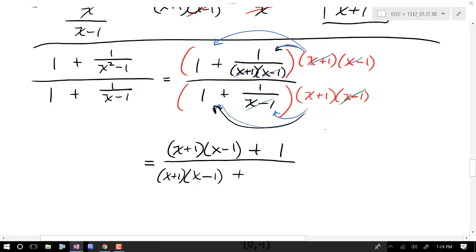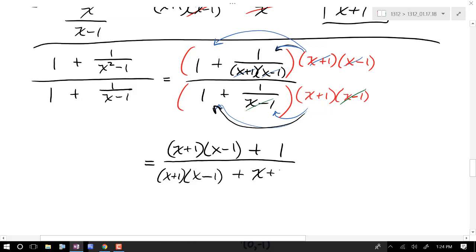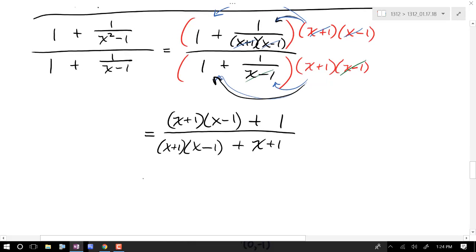The x minus 1s will cancel, and we're just left with the x plus 1. And now all that we do is expand and simplify the numerator and denominator. So we have x squared minus 1 plus 1 over x squared minus 1 plus x plus 1.